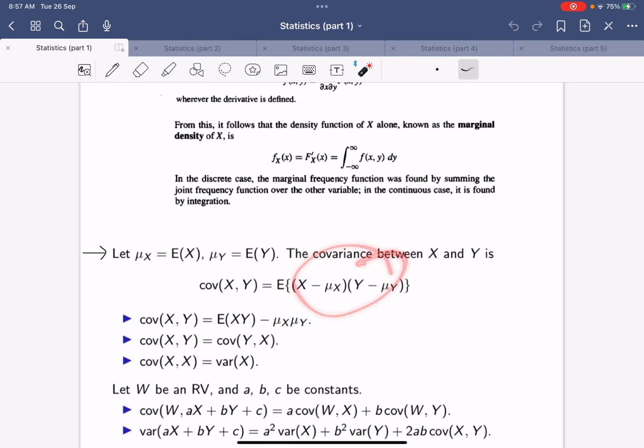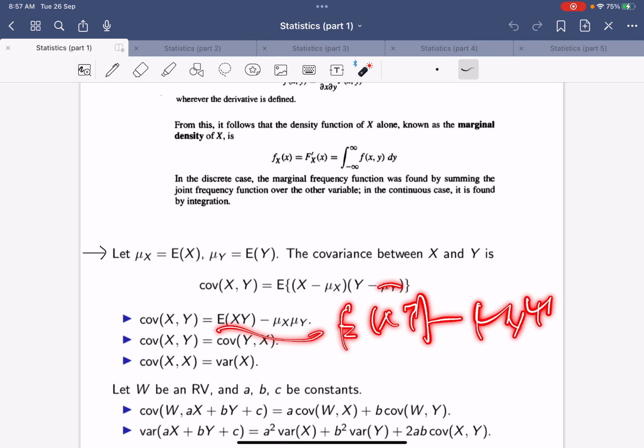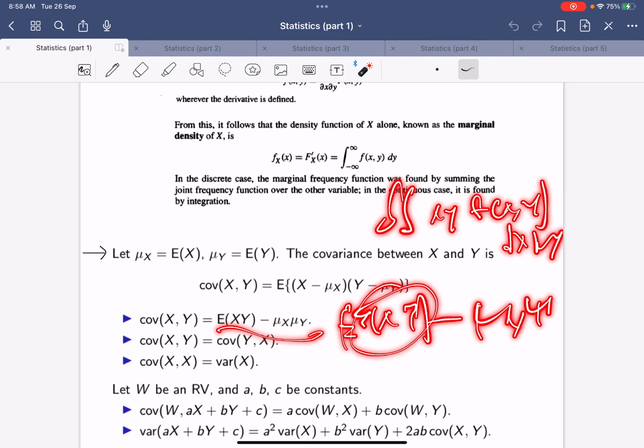With this expectation, we can expand out and see that it reduces to E[XY] minus mu_X mu_Y. How to find E[XY]? Well, it's the double integral of xy f_XY dx dy.